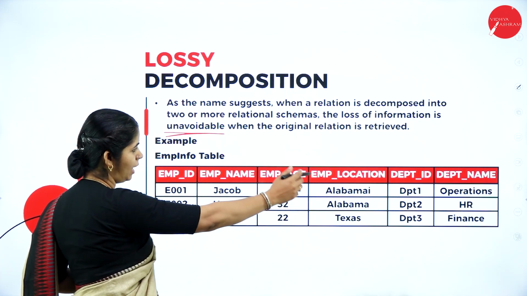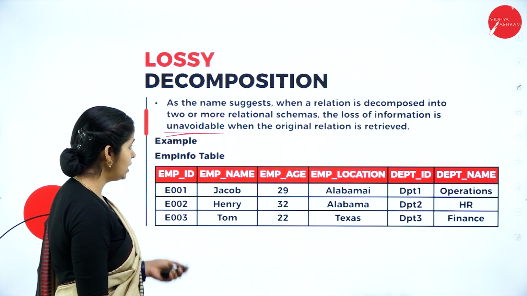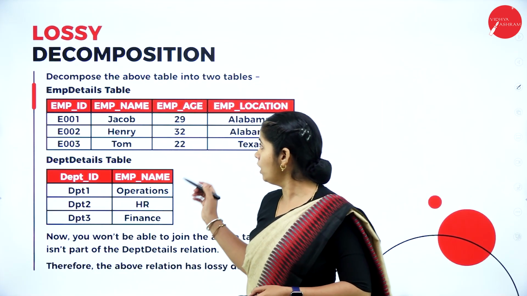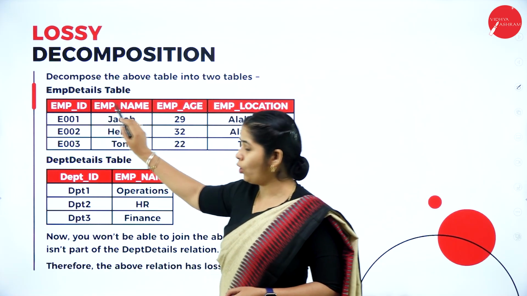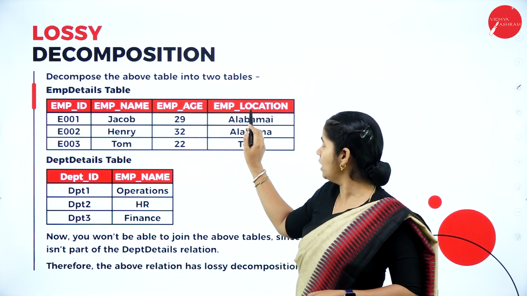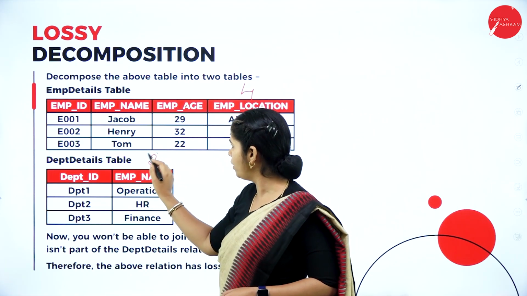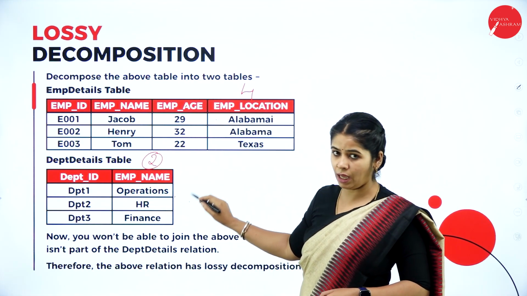So, the same example with all the 6 attributes. Let's see how we are going to decompose this. After decomposition, I have employee ID, employee name, employee age and location as 4 attributes, and here I have 2 attributes. There are 2 different tables, right?